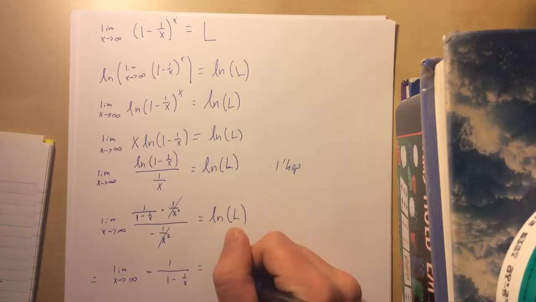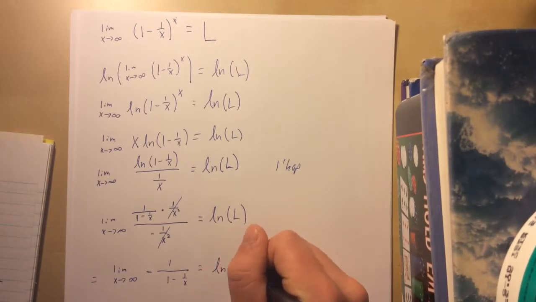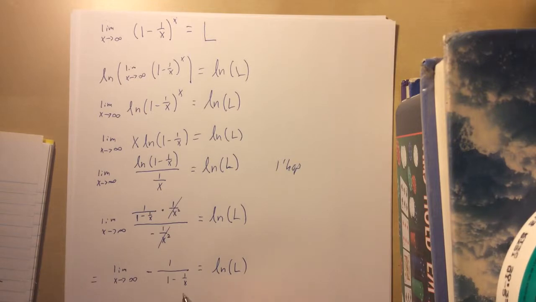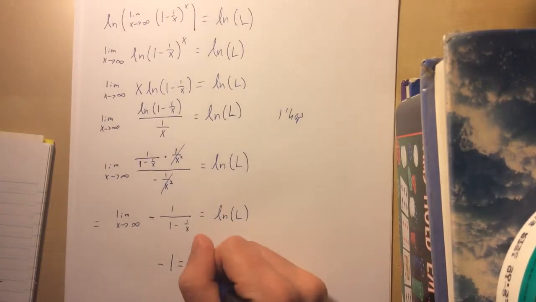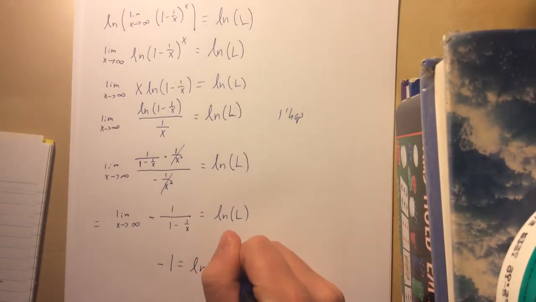That's going to equal natural log of L. At this point we can evaluate the limit: if we plug in x equals infinity, 1 over infinity is 0, 1 minus 0 is 1, so we get negative 1 over 1, which is negative 1, equals natural log of L.